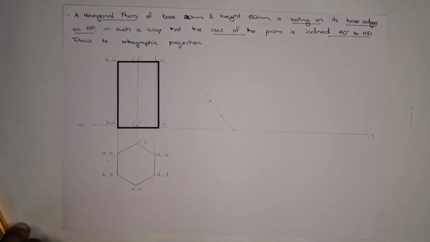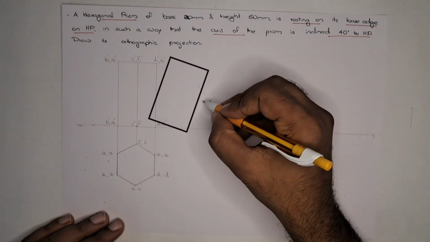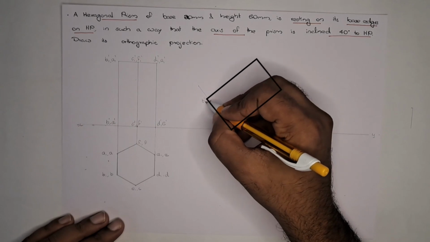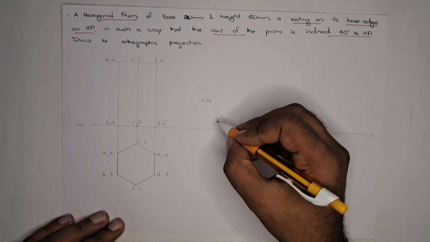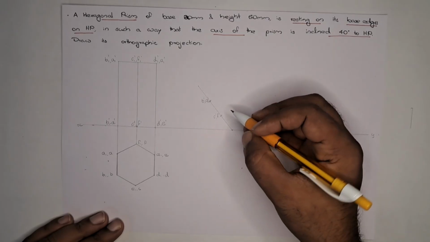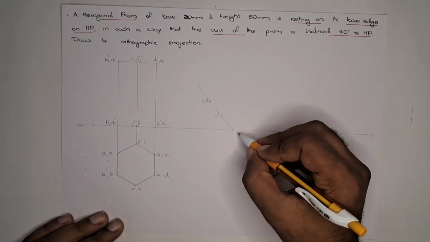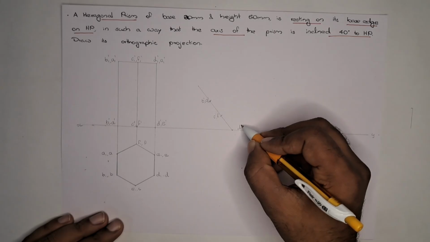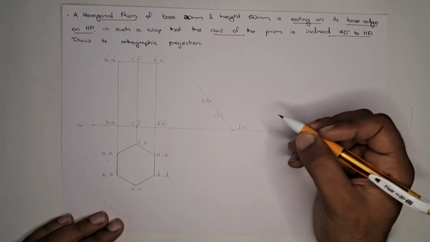So these are the points here. This is B dash comma A dash, here C dash comma F dash, here D dash comma E dash.